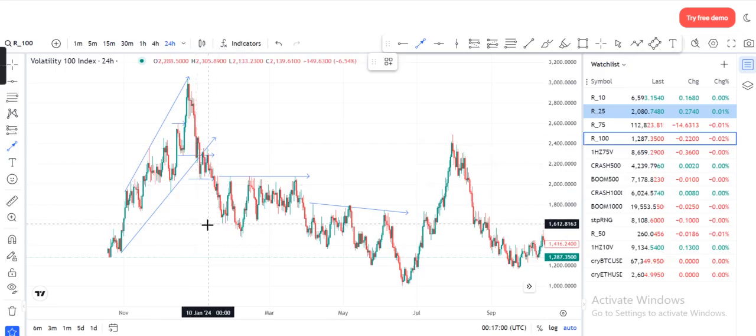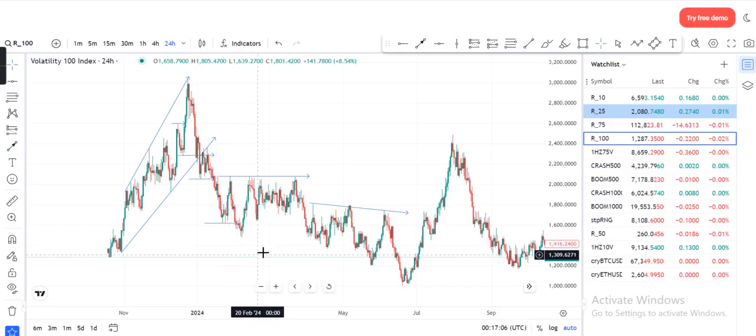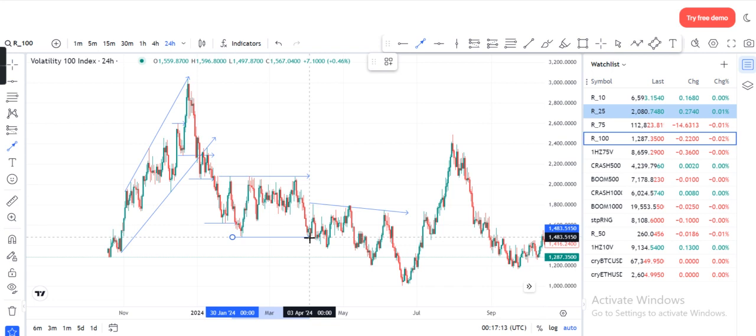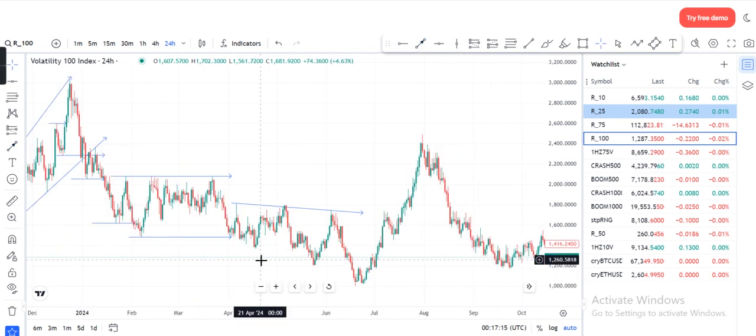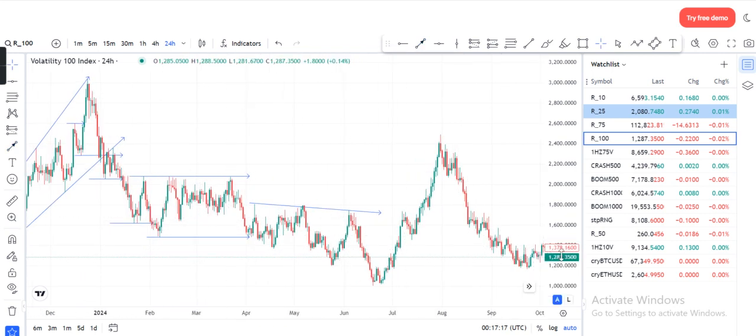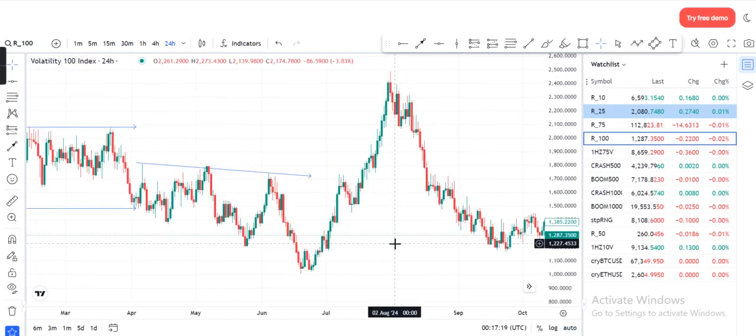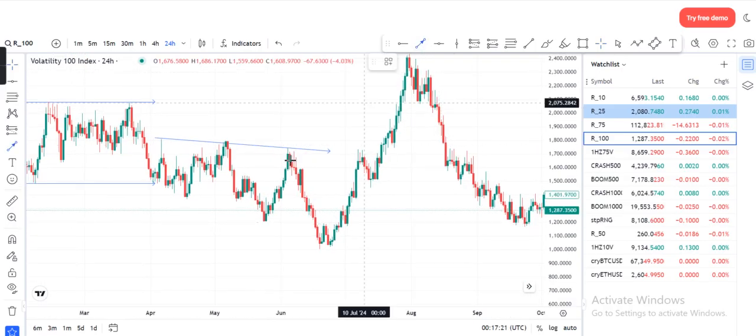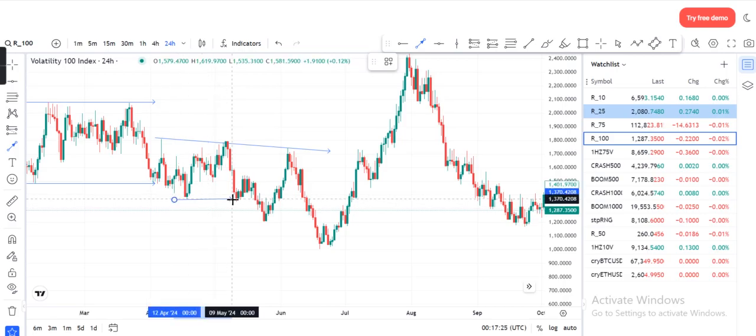We got a break of structure also at this point, and then another at this point. So these are the areas we got breaks of structure while the market was dropping. And we got another break of structure also at this point.